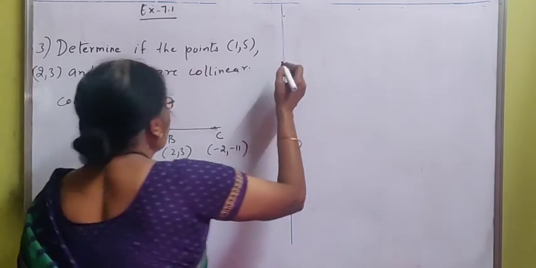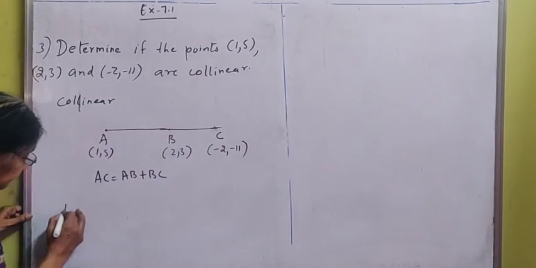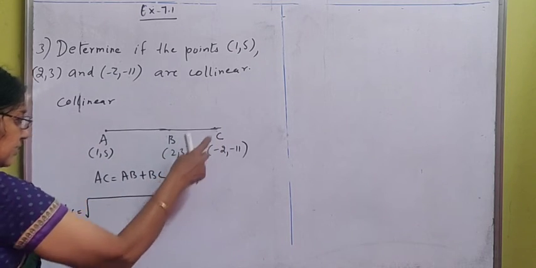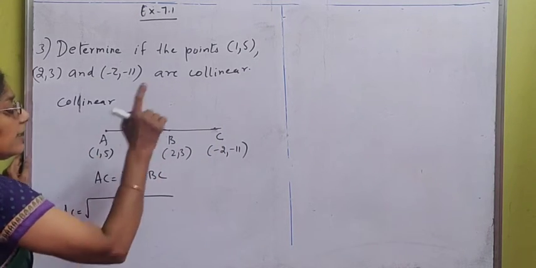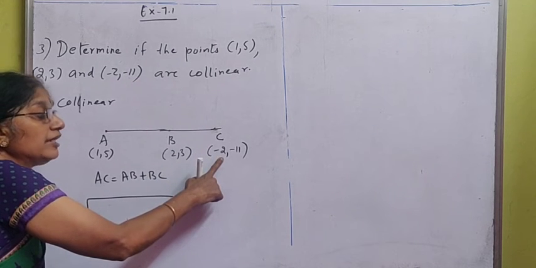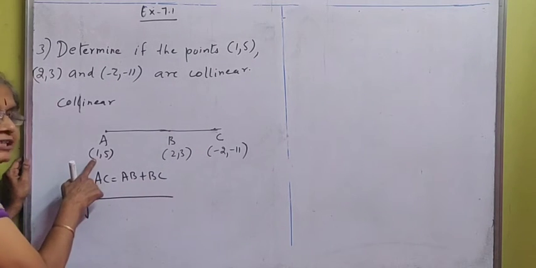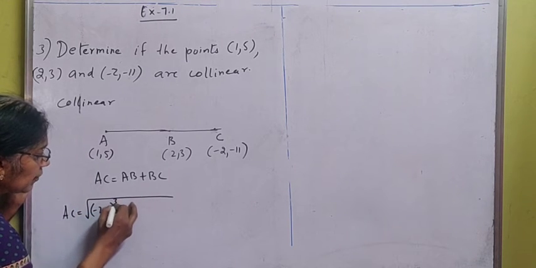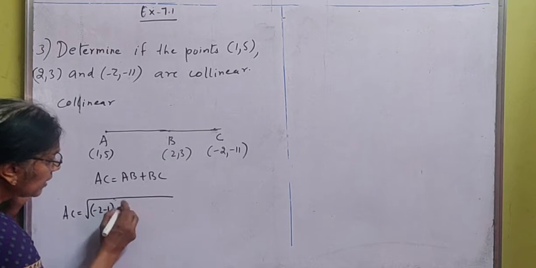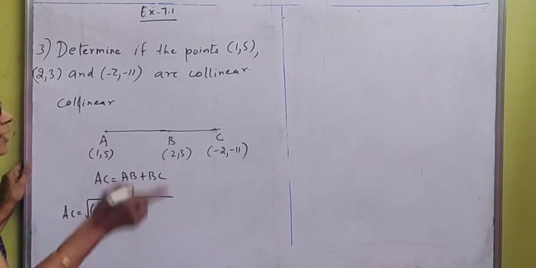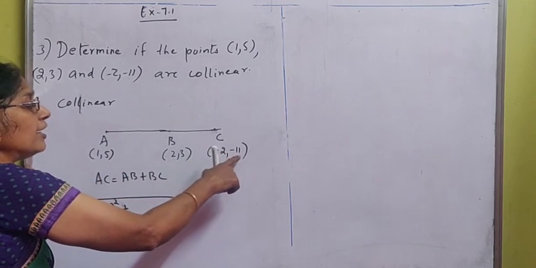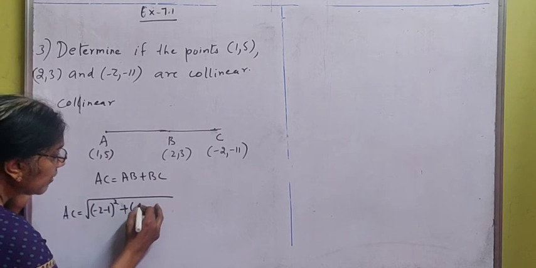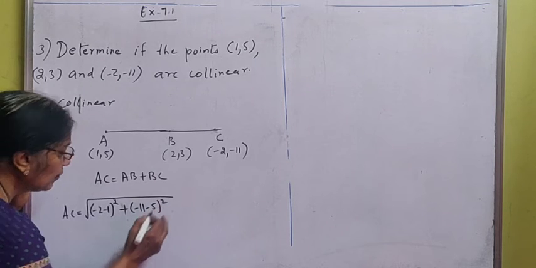So first we will try to find out AC. That means the x coordinate of C minus x coordinate of A, the whole square, plus y coordinate of C minus y coordinate of A, the whole square.